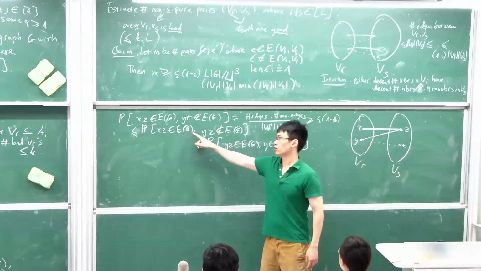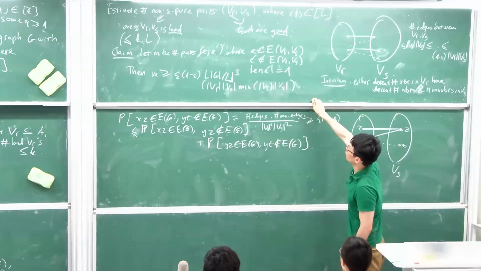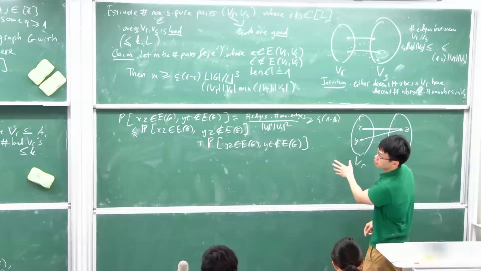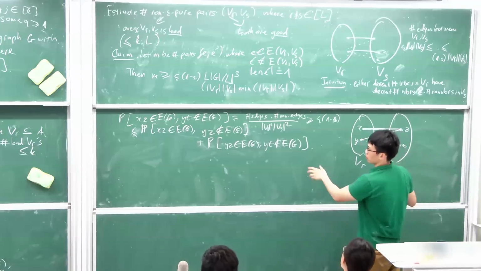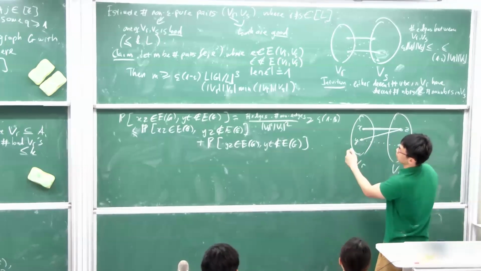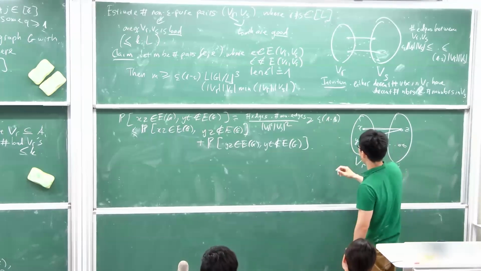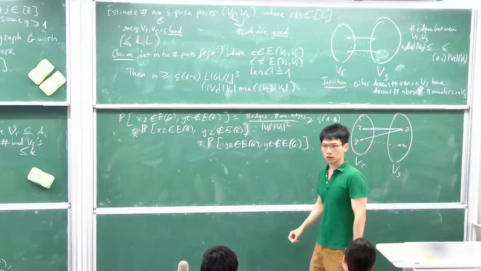This is actually counting the number of pairs E, E prime above with the fact that the common endpoint is in VS, right? That's for the first term. The second term is counting the number of pairs E, E prime such that the common endpoint is in VR. Right, now you get the conditional proof.